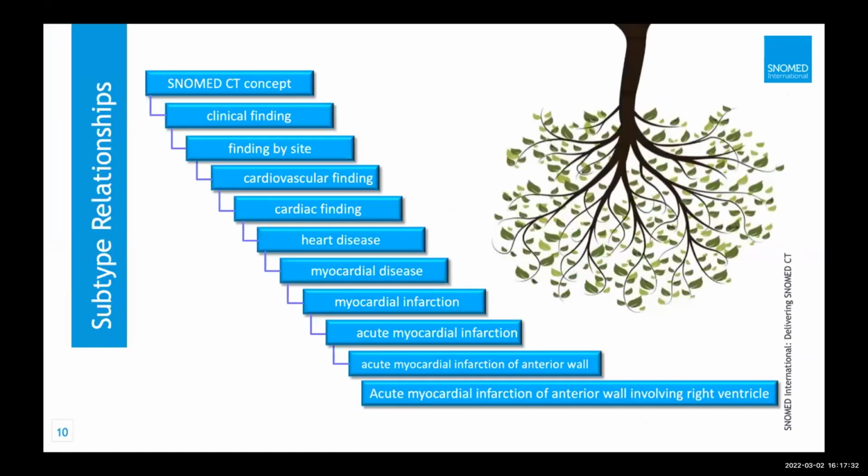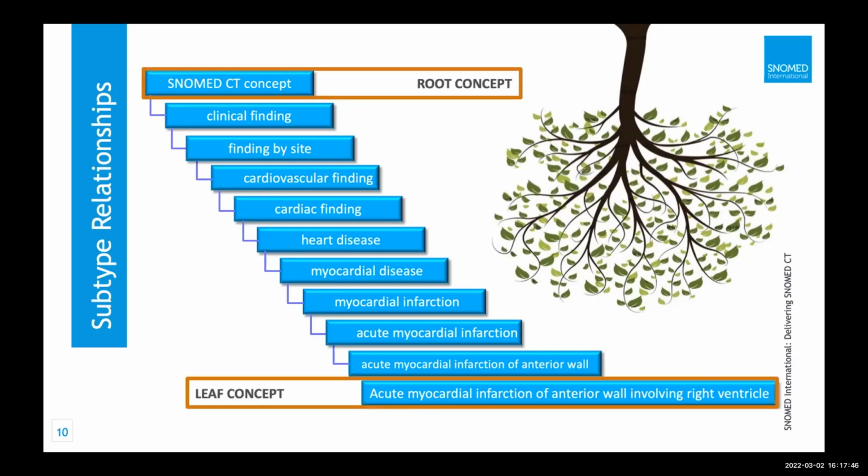SNOMED CT can be thought of like a tree with branches, but this is an upside down tree because the root concept is actually at the top and the leaf concept is at the bottom. The root concept is the most general concept in SNOMED CT. It's called SNOMED CT concept, and everything else in SNOMED is a type of SNOMED CT concept.